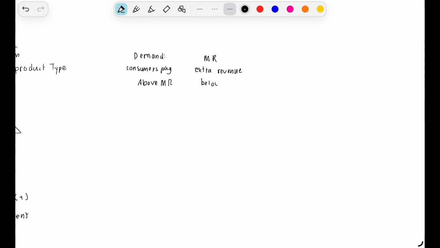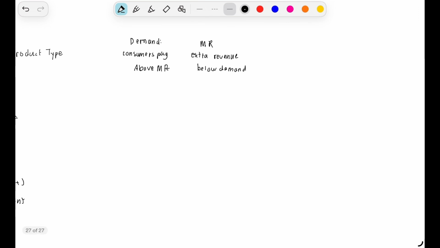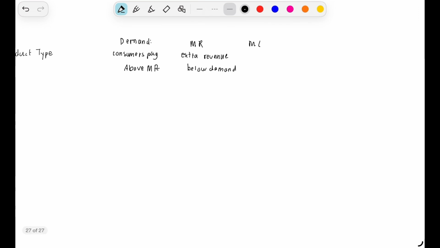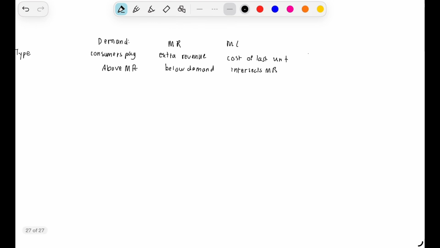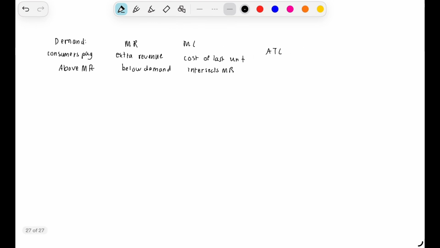It's located below your demand. Your marginal cost is the cost of your last produced unit, and it intersects marginal revenue. Your ATC is your average total cost, and it's used for profit.